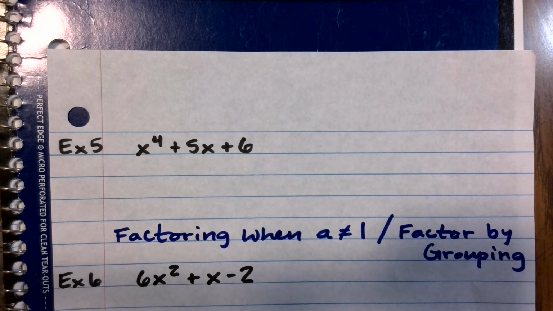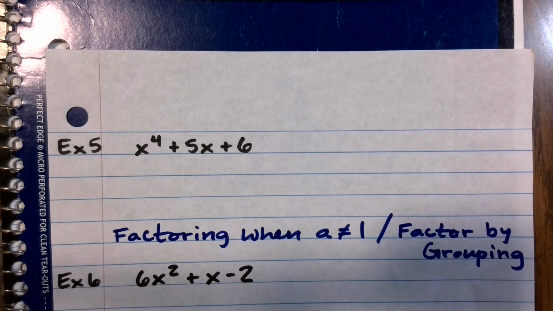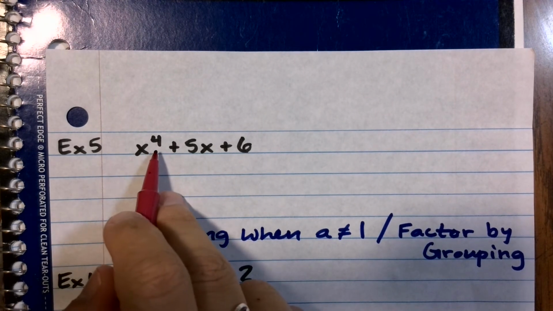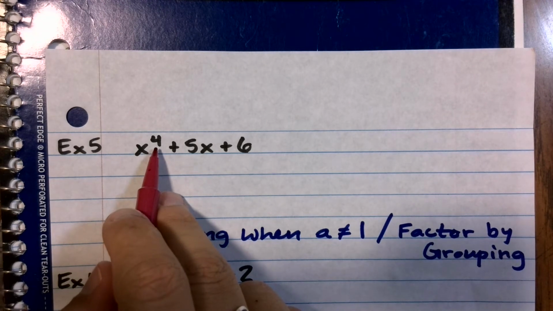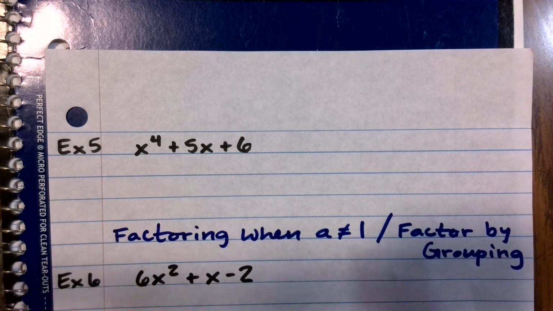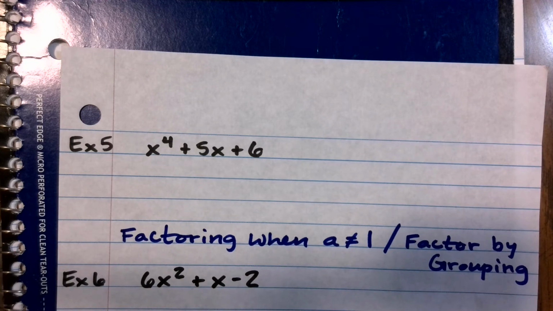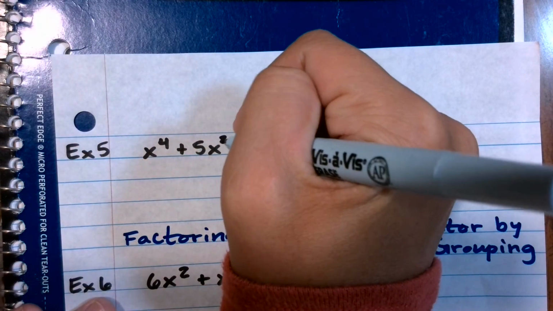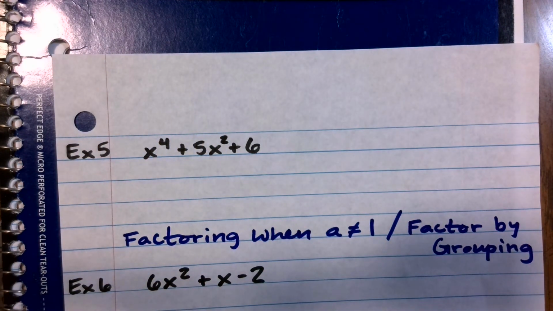There's also a case I just want to mention. This is a trinomial, but it's a quartic instead of a quadratic. As long as, oh, I actually wrote this wrong, I'm sorry. Go back and change that to an x squared if you wrote this down.